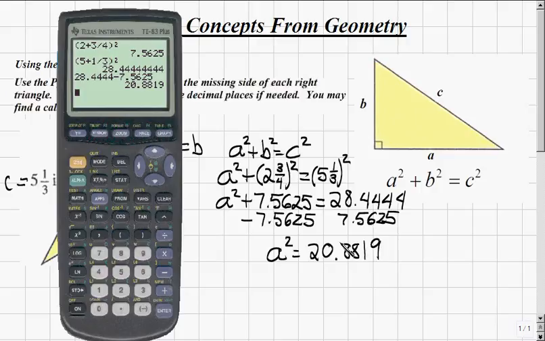Now we're looking for some number squared that would work out to this decimal, and to find that, we'll square root the 20.8819.